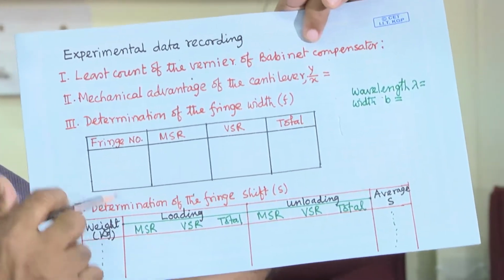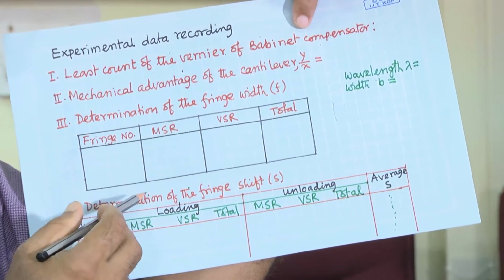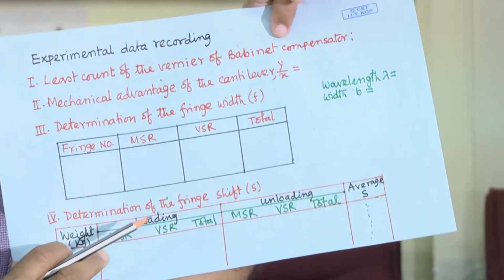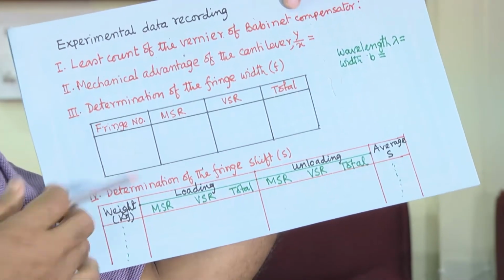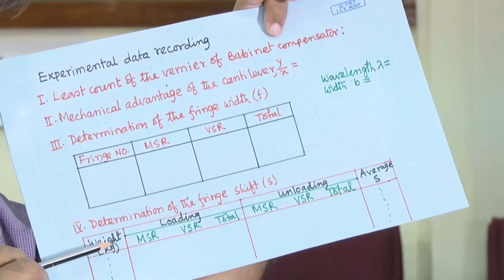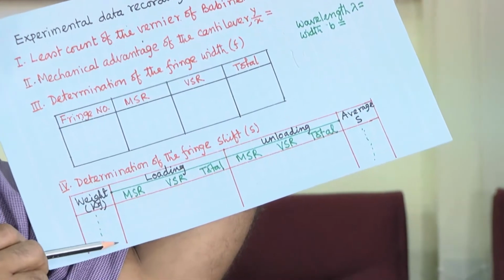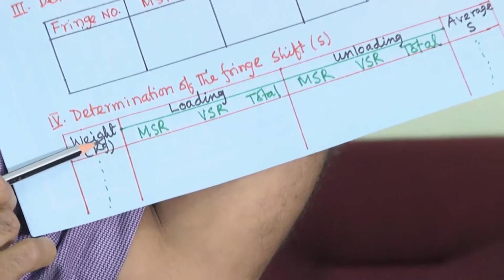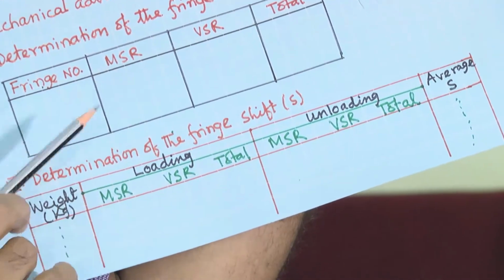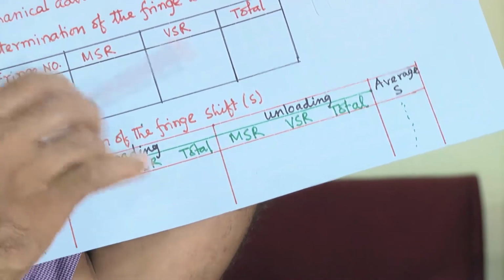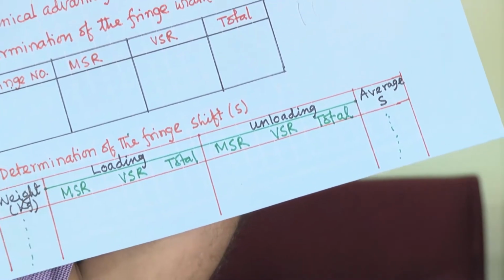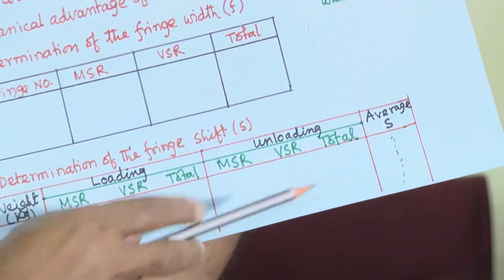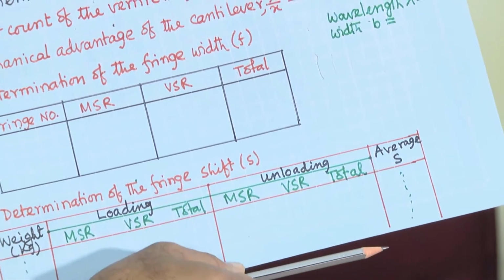Second, we have to measure the fringe shift for different weights, as I told you. We will put different weights, and measure the corresponding fringe shift. During loading the weight, we take one set of readings, and during unloading the weight, we take another set of readings.